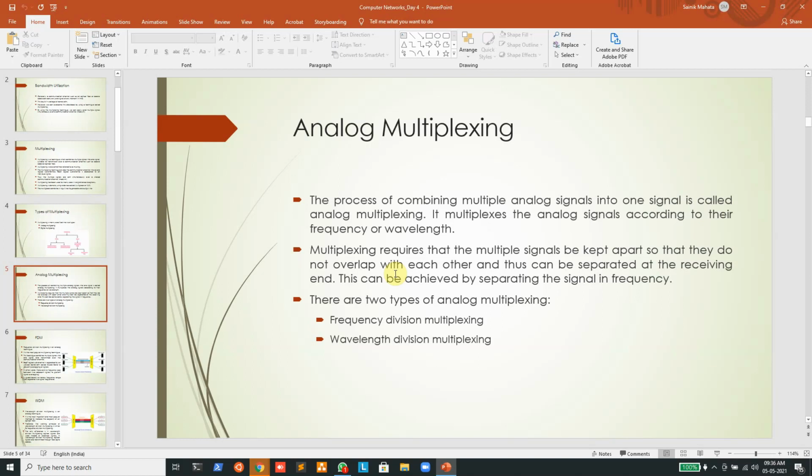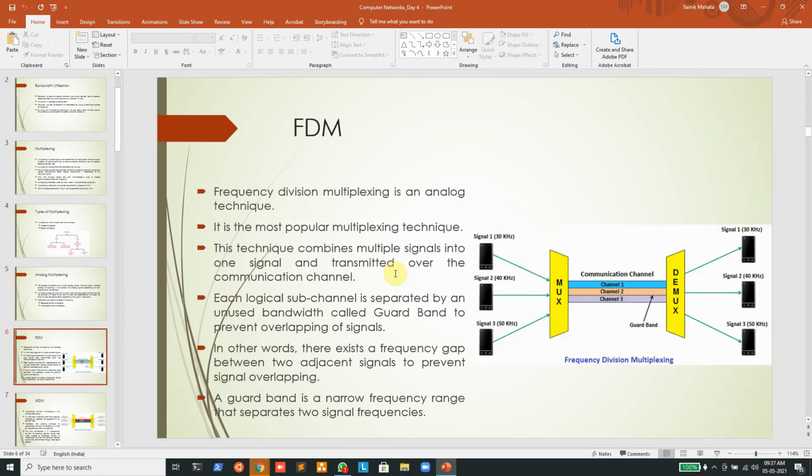Okay. And obviously, as we discussed earlier, there are 2 types of analog multiplexing: frequency division and wavelength division multiplexing. Okay. So first and foremost, we should understand what is frequency division multiplexing. Now, obviously, if you take the example of FM radio, right? What happens in FM radio? Generally, there are various stations that are generating music or some talk over a certain period of time, right?